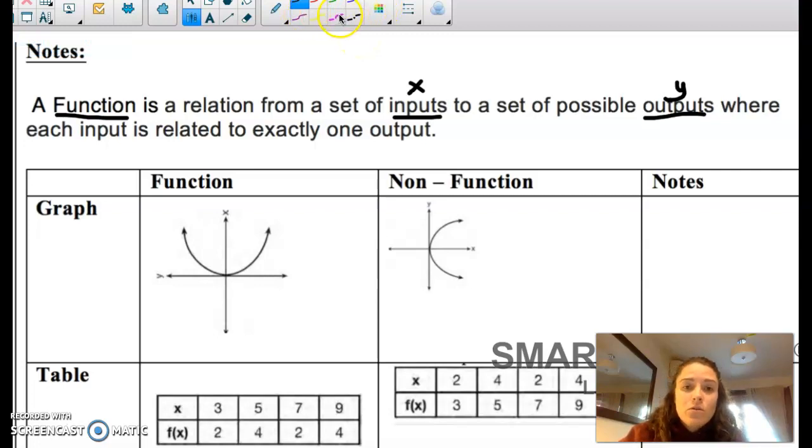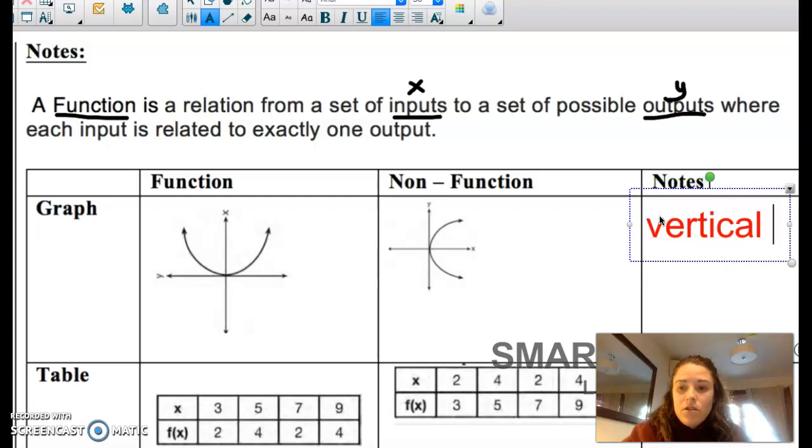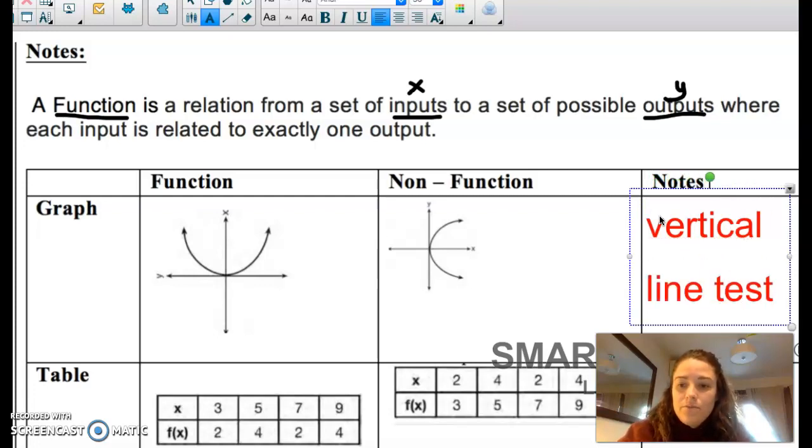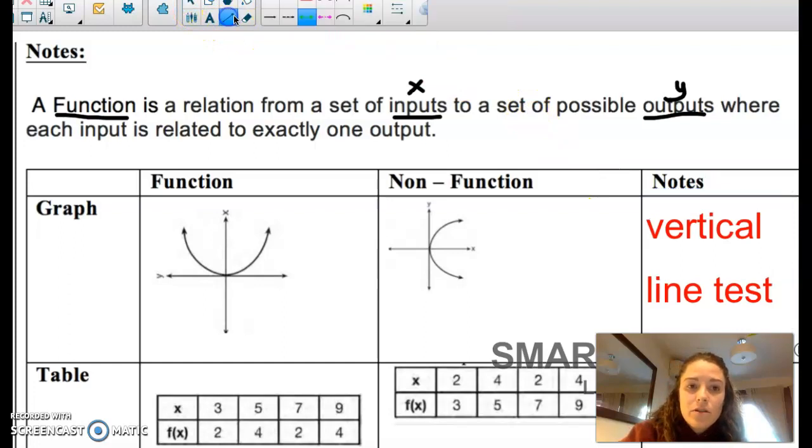Okay, so when we look at a graph, we look at the vertical line test, which should ring a bell for you guys. Let me type this instead. When we look at the vertical line test, we draw an imaginary line, and that should only ever hit one point at a time.